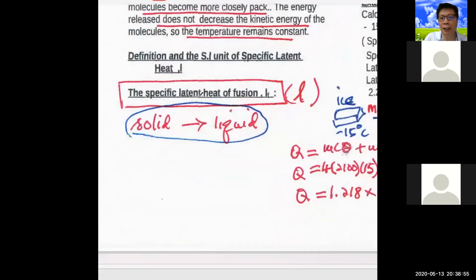The heat energy required to change from solid to liquid is called specific latent heat of fusion. Remember, fusion means change from solid to liquid. The symbol is L. For latent heat, the symbol is L. Specific latent heat of fusion, the symbol is L. This is changing from solid to liquid.